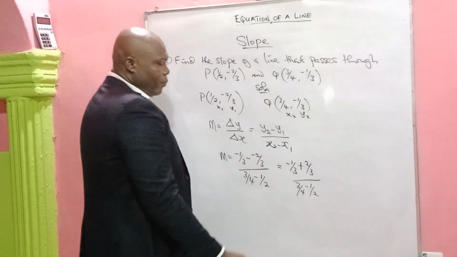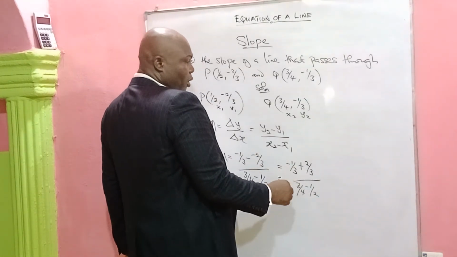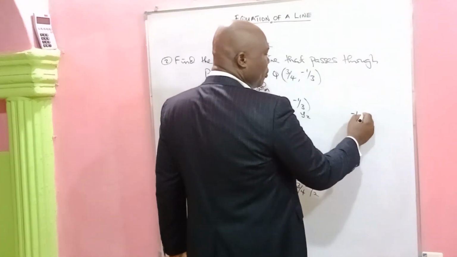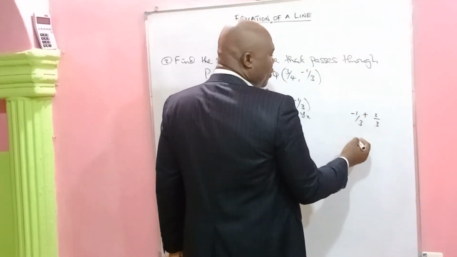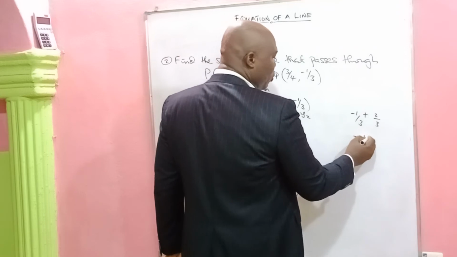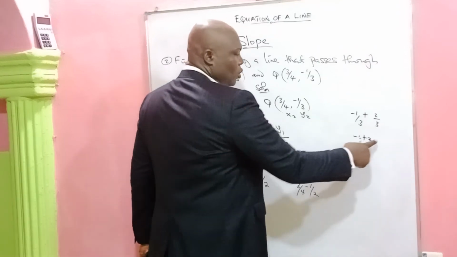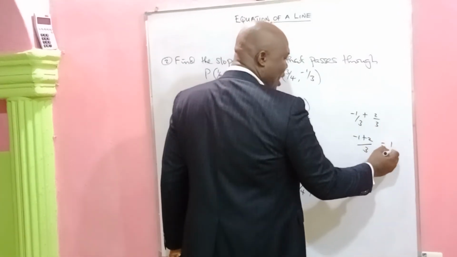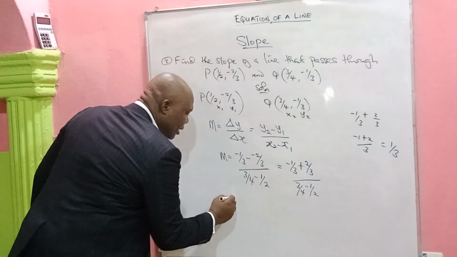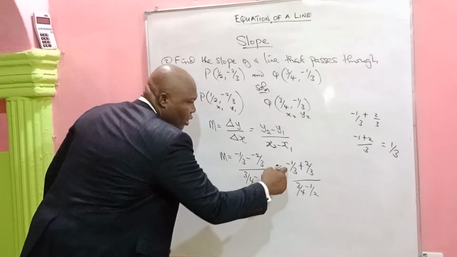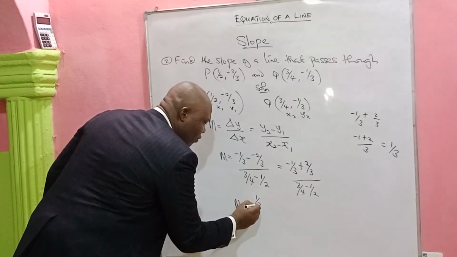So let's see, minus 1 over 3 plus 2 over 3 is the same thing as minus 1 plus 2 all over 3. So 2 minus 1 will give us 1 all over 3. So the numerator here is 1 all over 3.